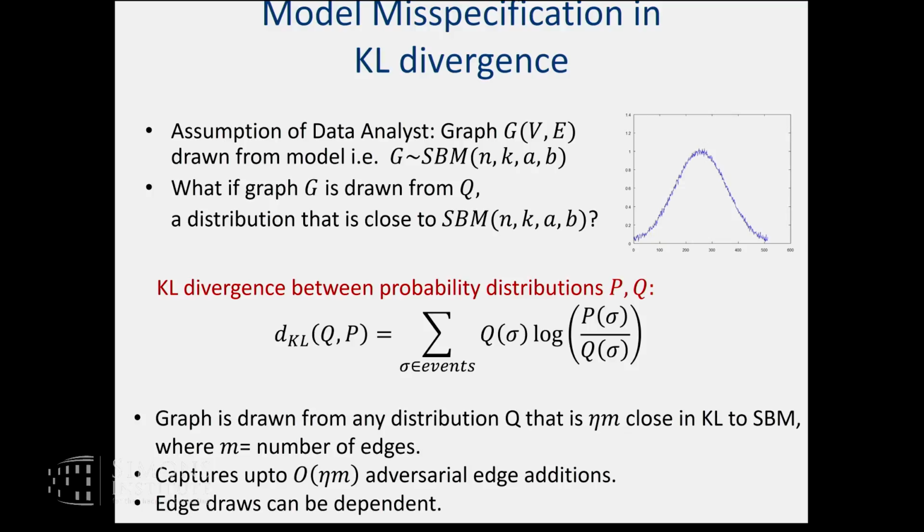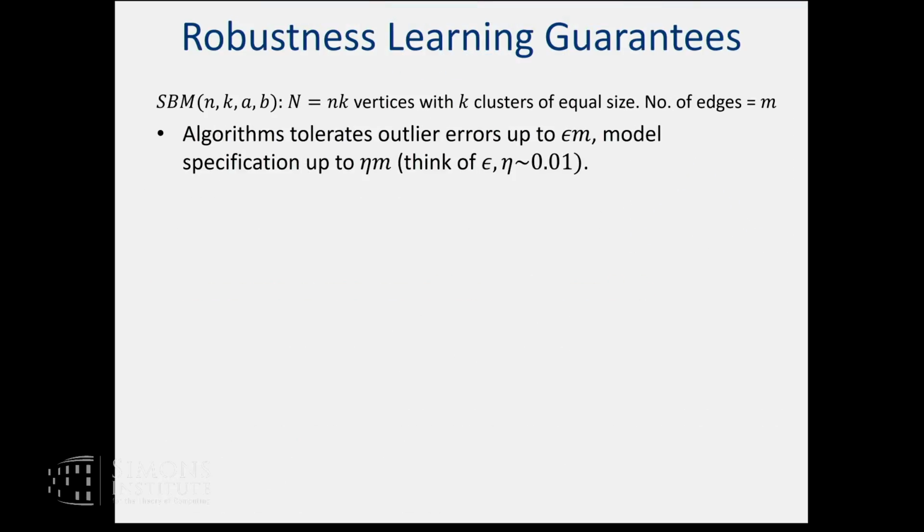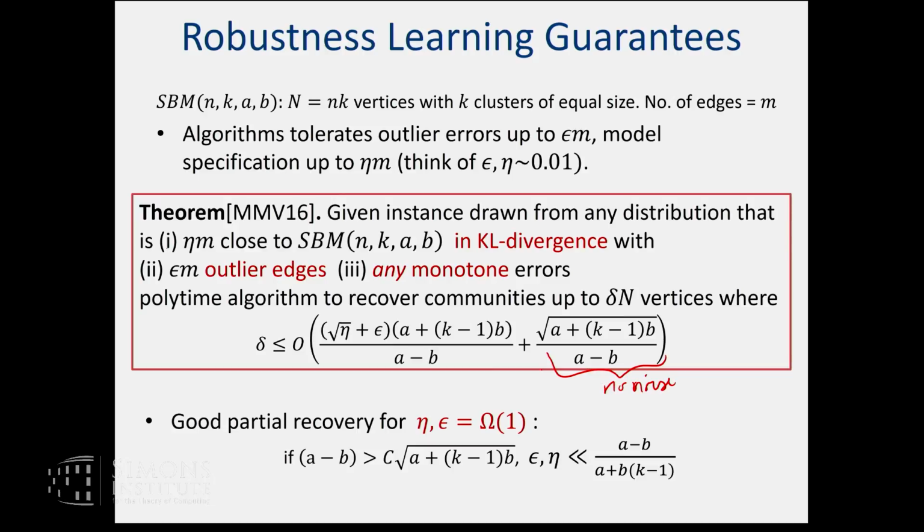Okay, so what we can show is that you can get robust learning guarantees of this form. Your algorithm can learn a stochastic block model even if a constant fraction of the edges are arbitrarily corrupted, and if there is KL divergence model misspecification of eta times m, where eta is also a small constant.